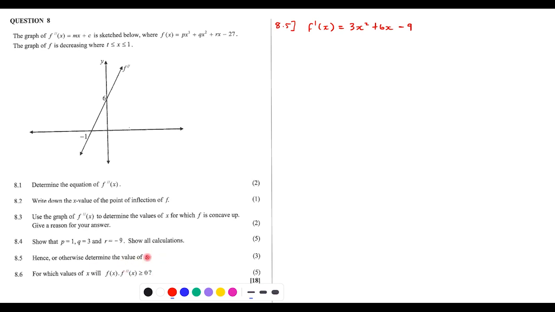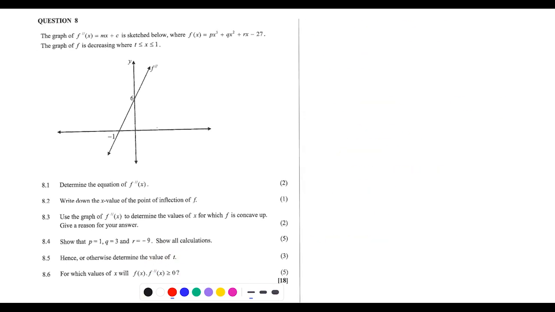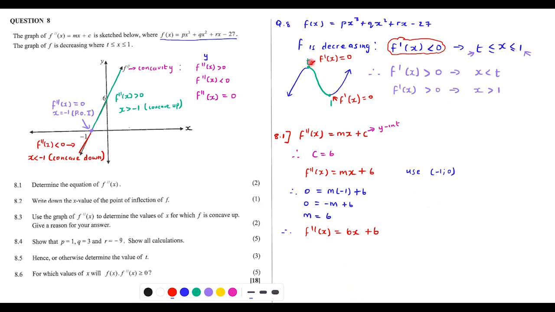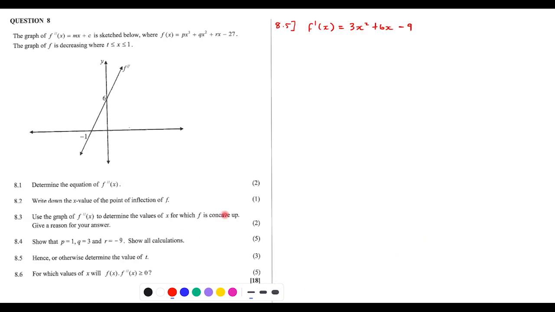If you remember, t was seen as the x coordinate of the turning point of f. So with my derivative I'm going to say that the derivative equals 0, and then I will say this is at the turning point. And then from here I'm going to take my 3x squared plus 6x minus 9 equals 0, and I'm going to solve for x.